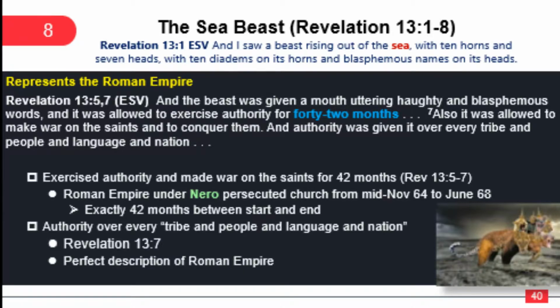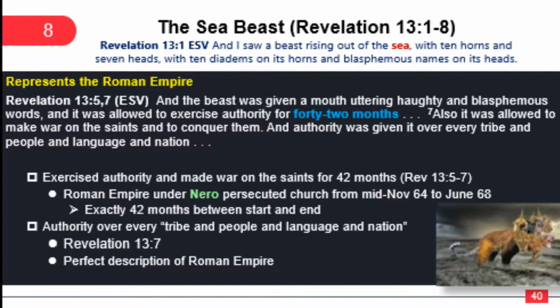Now, notice also that authority was given, and this is in verse 7, authority was given it, the beast, over every tribe and people and language and nation. When you see tribe and people and language and nation, that refers to the Roman Empire. They were full of tribes and peoples and languages and nations. It was a polyglot empire full of all kinds of ethnic groups. It was the whole known world at the time.